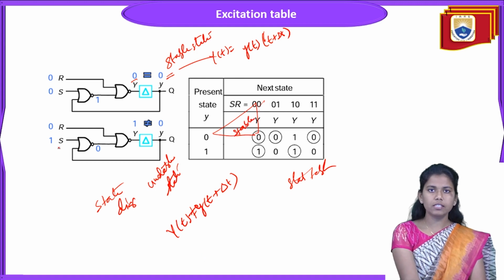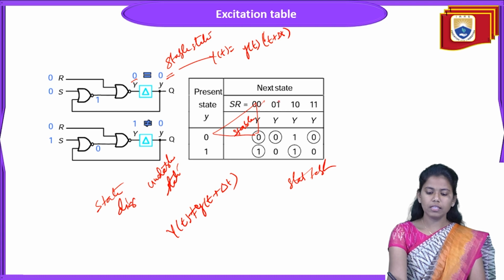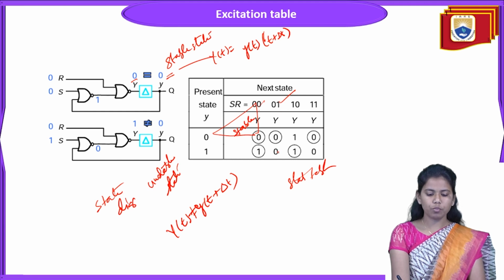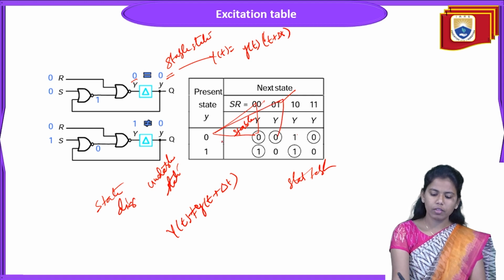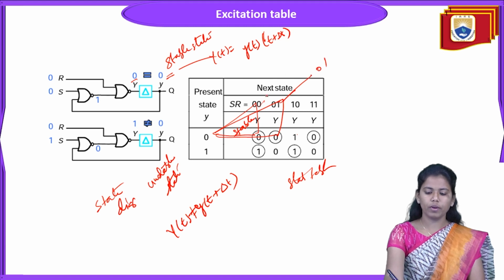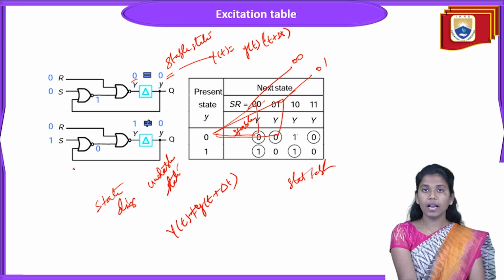And then when RS is 0, 1, what happens? Here we are getting Y as 1 and small y as 0. So this is the combination that we are observing for the next state, that is 0, 1, and it is for 0, 0. And then if you observe the unstable state, when R is 0, 1, what happens?